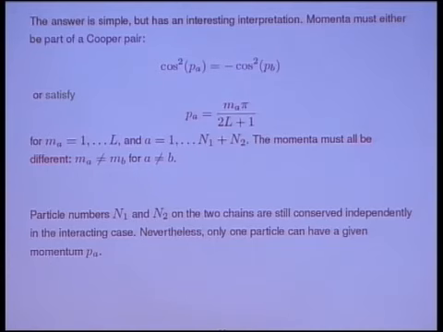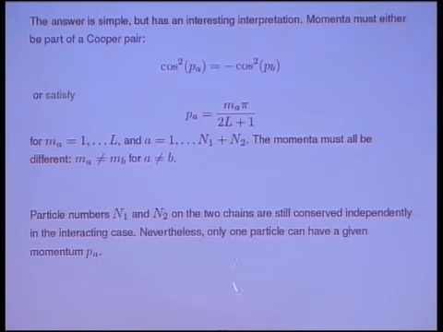And so what you find, when you work on these Bethe equations a little more, is that for the given momenta, you have either momenta that will pair into Cooper pairs, or they'll obey the free fermion condition. But the key thing is only one particle can be of a given momentum that obeys the free fermion condition.